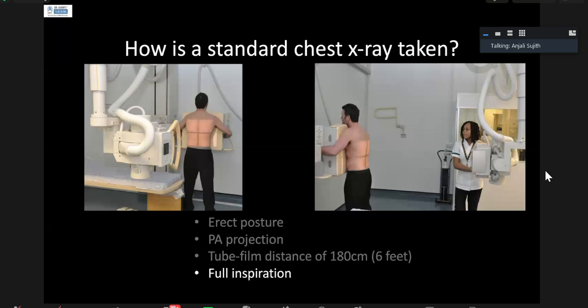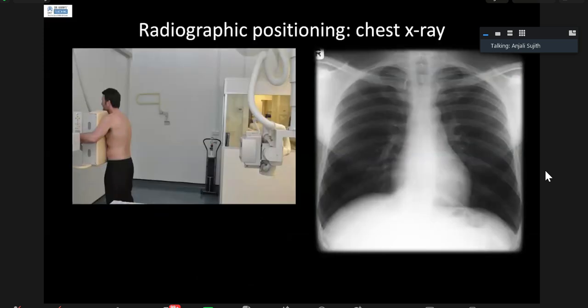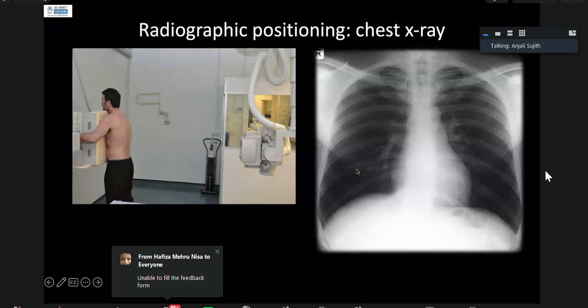With any deviation from any of them, the X-ray can have some changes, and you have to be aware of it before you interpret the X-ray as normal or abnormal. We'll look at all of that during this session. And this is the resultant PA view of X-ray that we get.